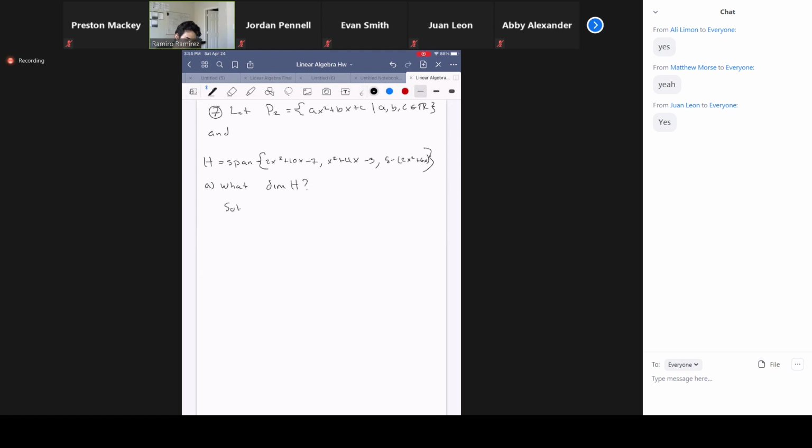Solution: observe that 2x squared plus 10x minus 7 and x squared plus 4x minus 3. Can I go between any of these two by multiplying by some constant?